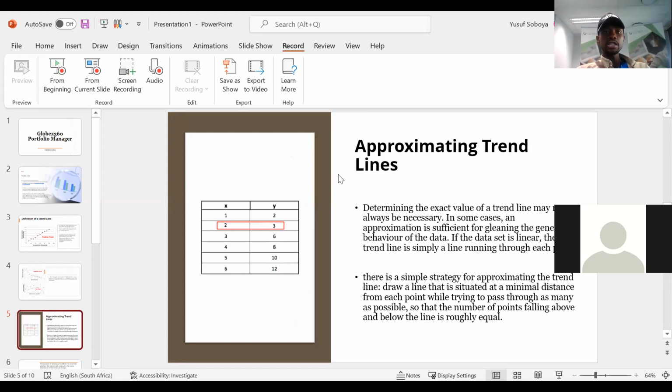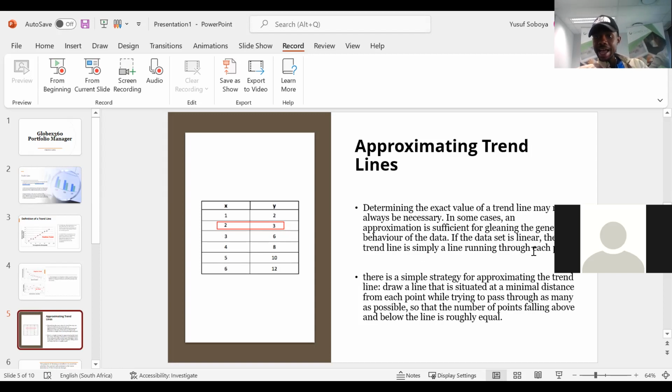So if you look at X and Y, it's 1, 2, then 2, 3, then 3 changes again, come back to 3, 6, then 4 to 8, 5 to 10, 6 to 12.